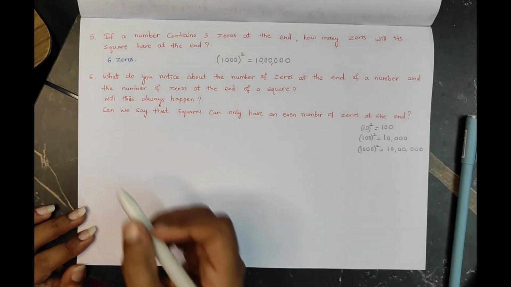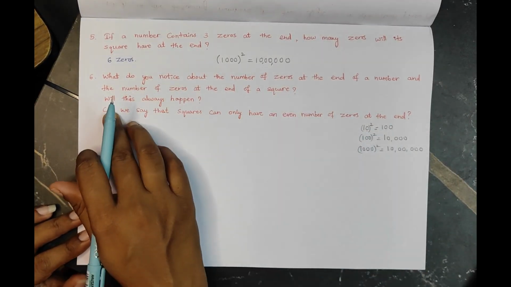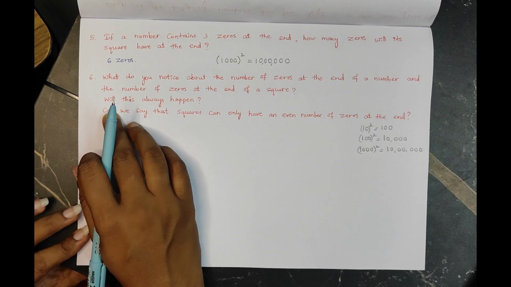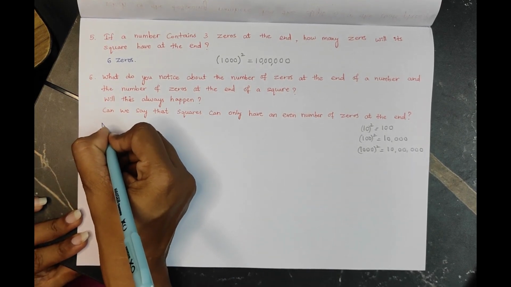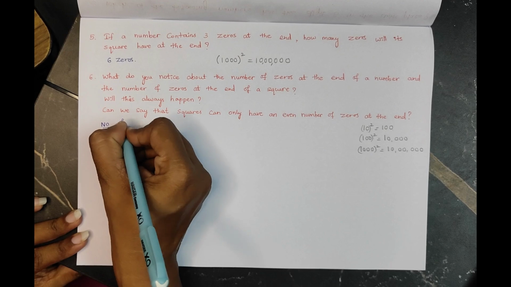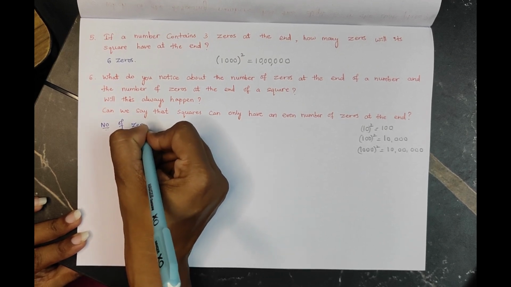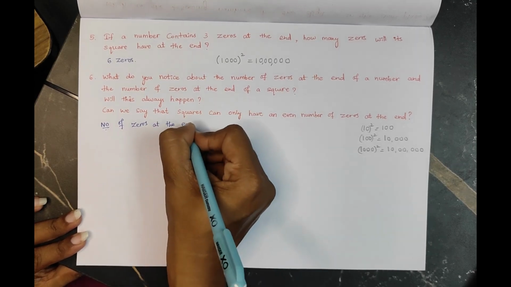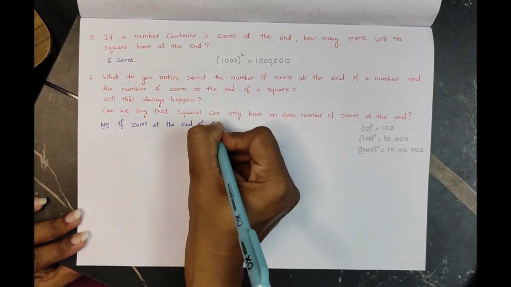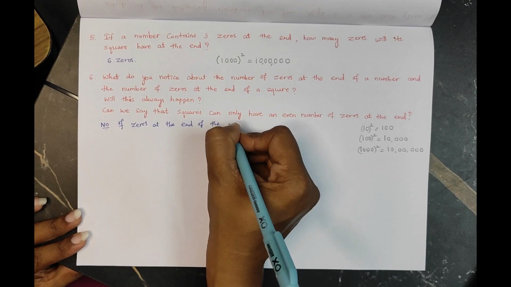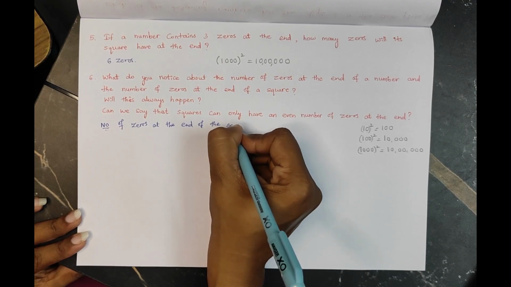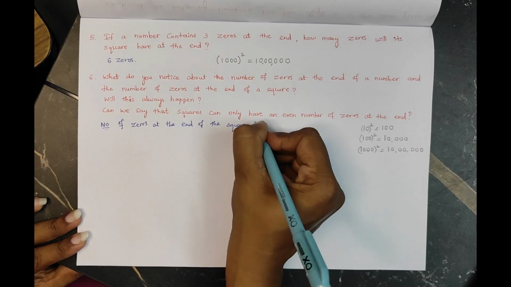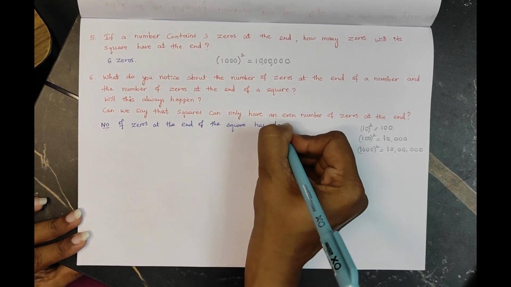So the first answer is yes, the number of zeros at the end of the square has doubled.